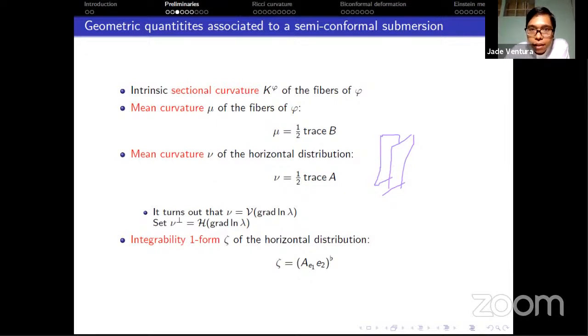However, the horizontal distribution, for example, like that, with self-intersections, is not always integrable. And this integrability one form indicates whether the horizontal distribution is integrable or not. If the horizontal distribution is integrable, the integrability one form zeta is 0. That's an if and only if statement.